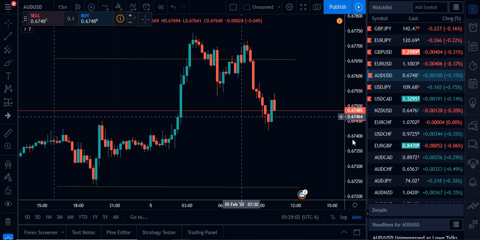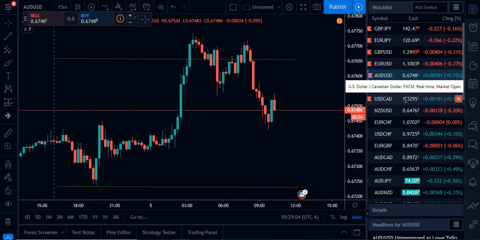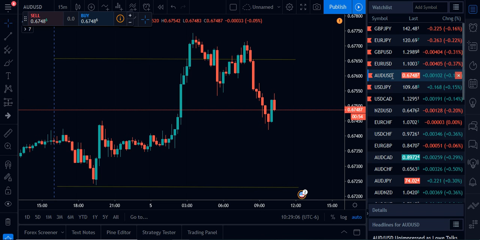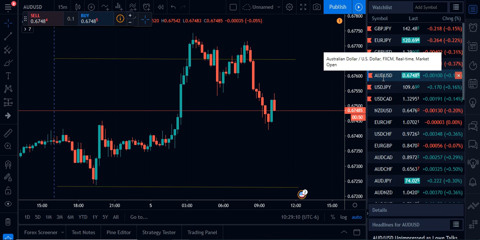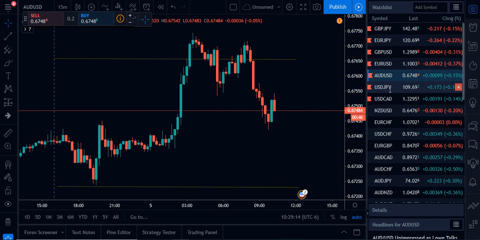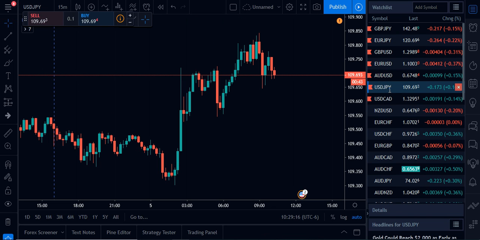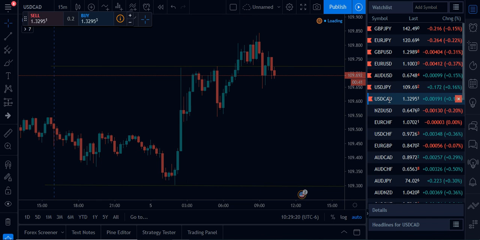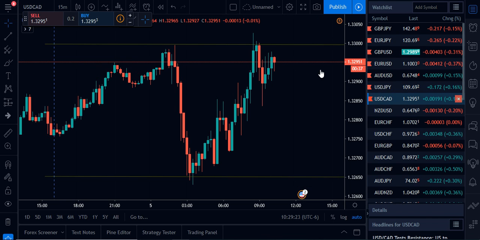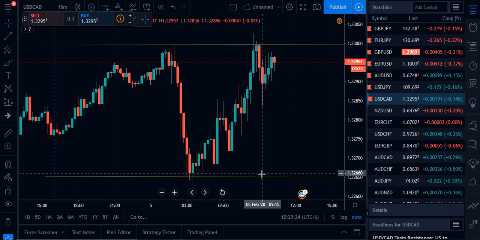The same thing here, and this is AUD against USD. AUD is the Australian dollar against the US dollar, and here we have the US dollar against the Japanese yen, and then we have the US dollar against the Canada dollar. And still, you notice I have a line.